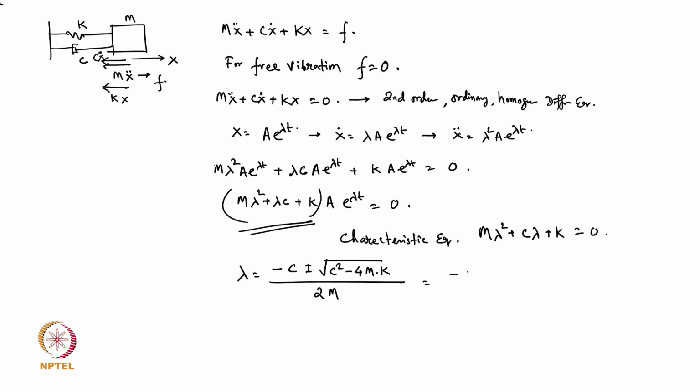So if I see, then it is minus c by 2m plus or minus root over of c square minus 4mk divided by 2m. That we can say is our lambda, and we can have the two solutions.